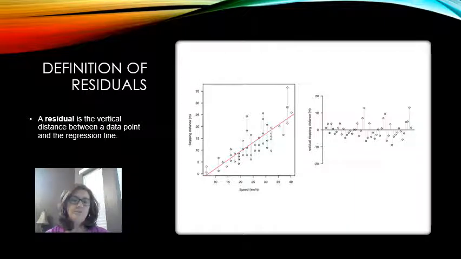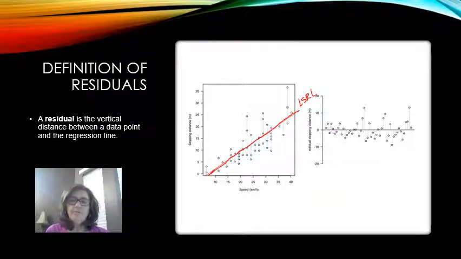A residual is the vertical distance between a data point and the regression line. If you look on this picture, this line right here is the regression line going through here. This is your least squared regression line.